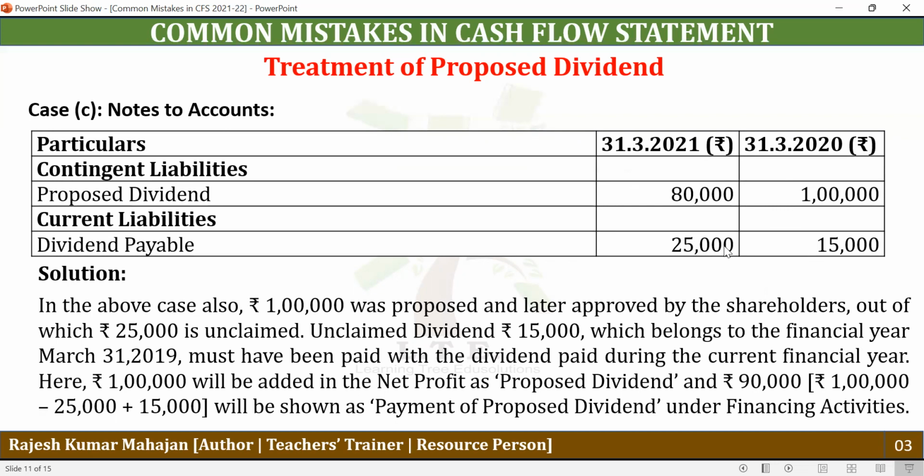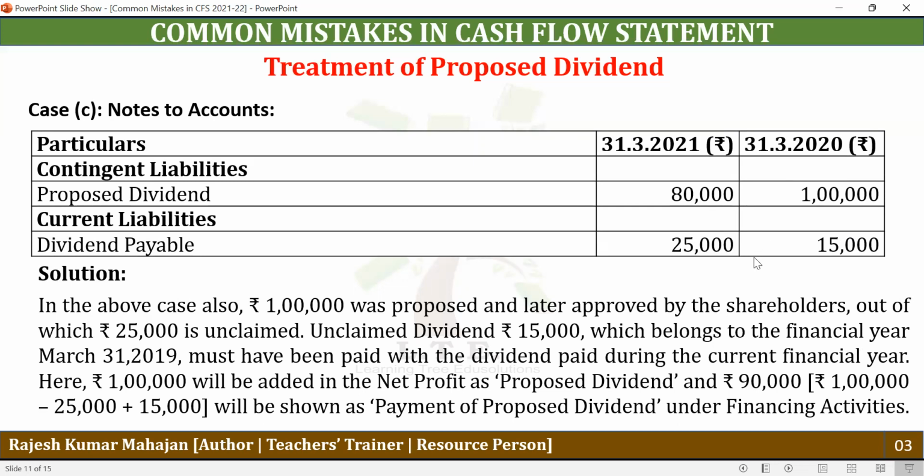It has not been claimed. And in the previous year, 15,000 was not claimed and remained unpaid. The dividend which remained unpaid in the previous year must belong to the financial year 2019. So when the dividend for the year 2019 was paid in the year 2020, rupees 15,000 remained unpaid.